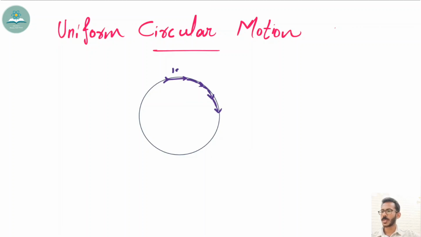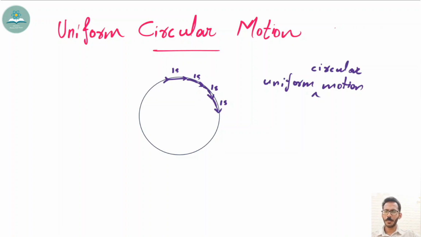Let the object take 1 second for covering this, 1 second for this, 1 second for this, 1 second for this. So actually this is a uniform motion, correct, right? Uniform motion, because it's covering equal distance in equal intervals of time, and it's going around a circle. So we can call it uniform circular motion.